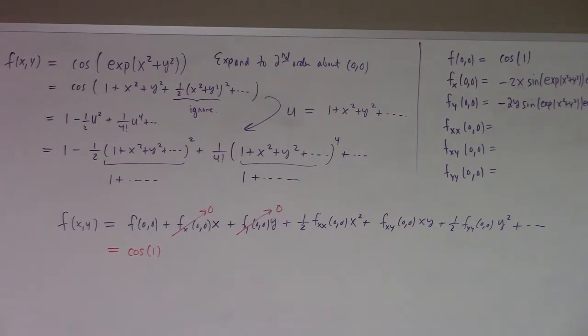f_xx is minus 2 sine of e to the u times e to the u, minus 2x cosine of e to the u times e to the u times 2x, e to the u minus 2x sine of e to the u times e to the u times du/dx, which is 2x.